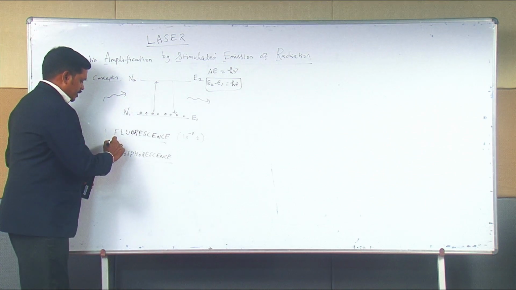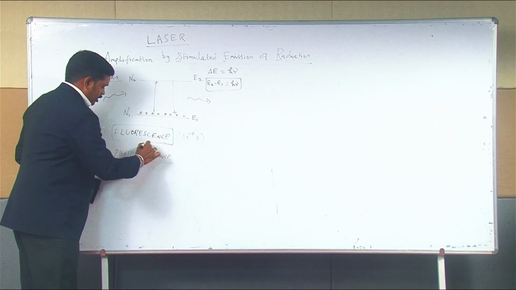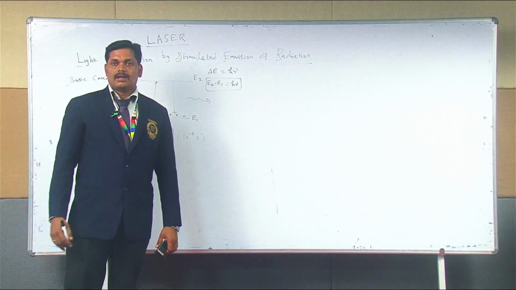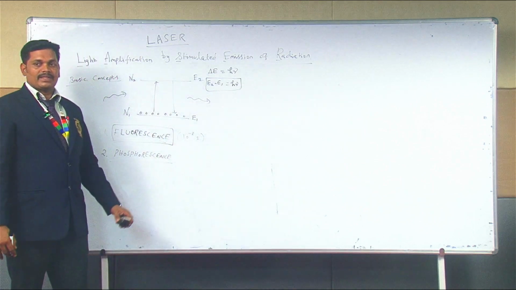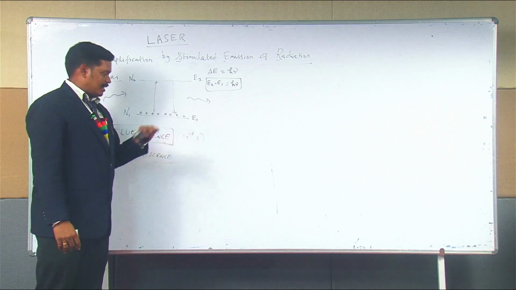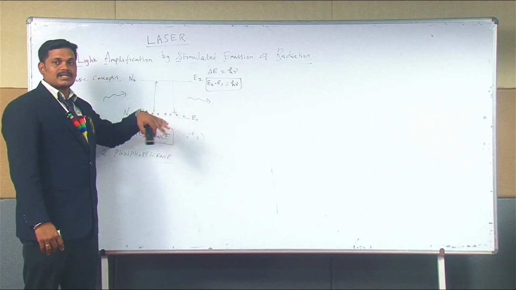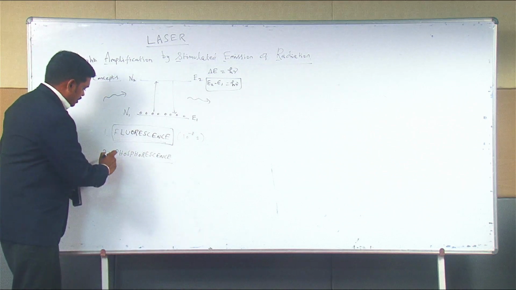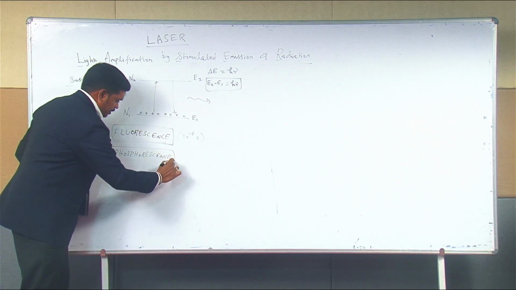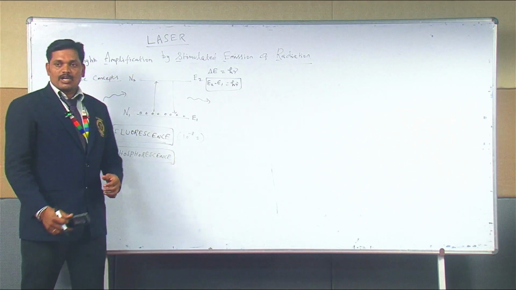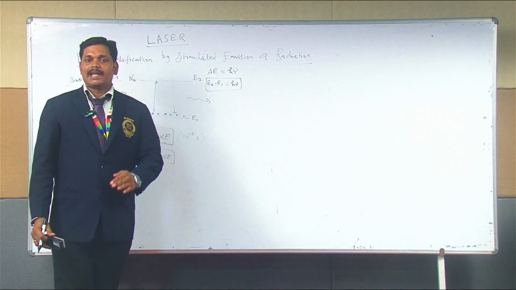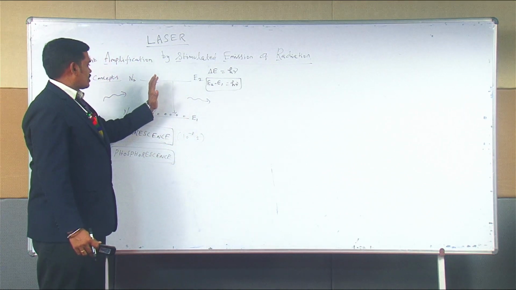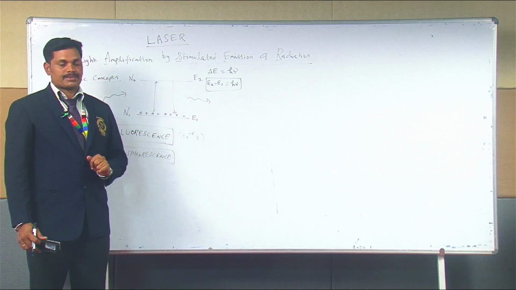Anyway, fluorescence means the atoms or molecules in the excited state come back to the ground state within 10 power minus 8 second. If not, they can stay some more time. If it is delayed, then that process is called phosphorescence. So phosphorescence is also defined as delayed fluorescence. These two mechanisms are very important to understand the laser concepts.